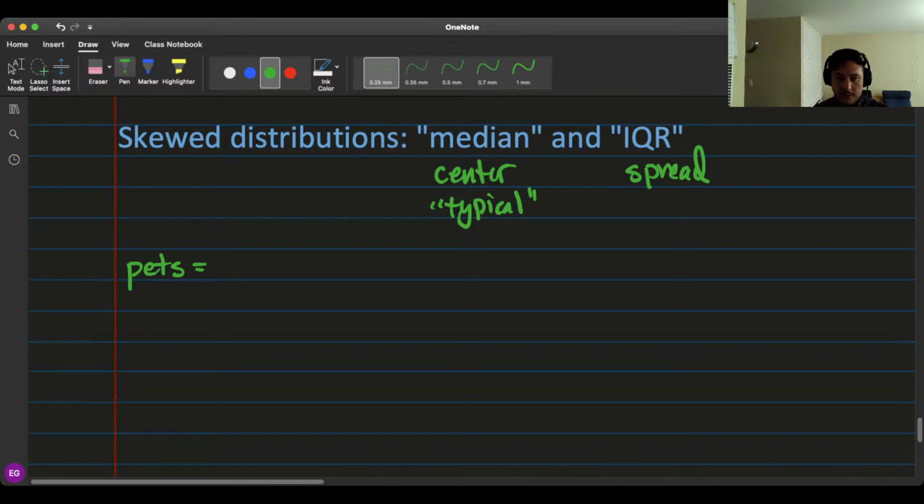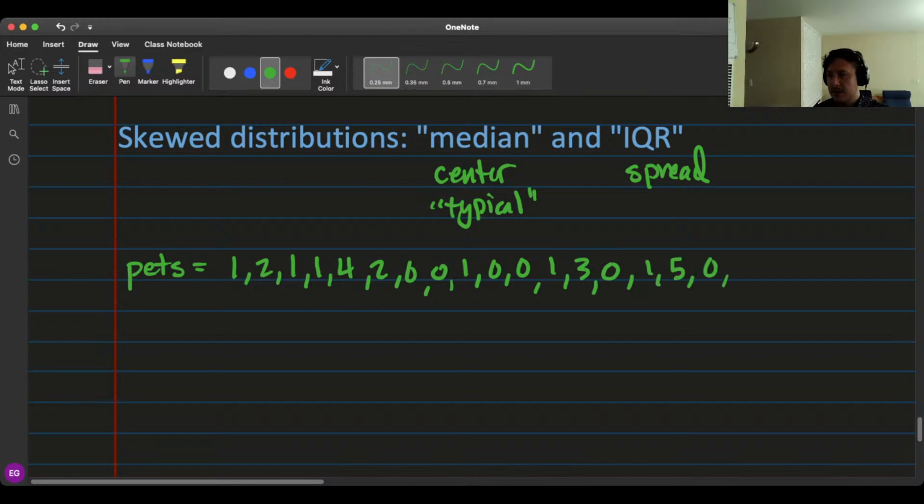Hopefully I'll be able to keep up. 1, 2, 1, 1, 4, 2, 0, 0, 1, 0, 0, 1, 3, 0, 1, 5, 0, 0. And I'll put a 1 for me. Cool. 2. And I think that's enough. No more, just because I don't want to have too many numbers.